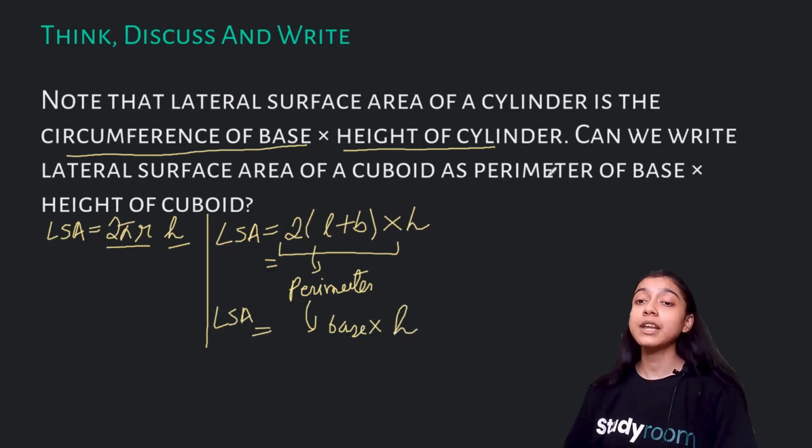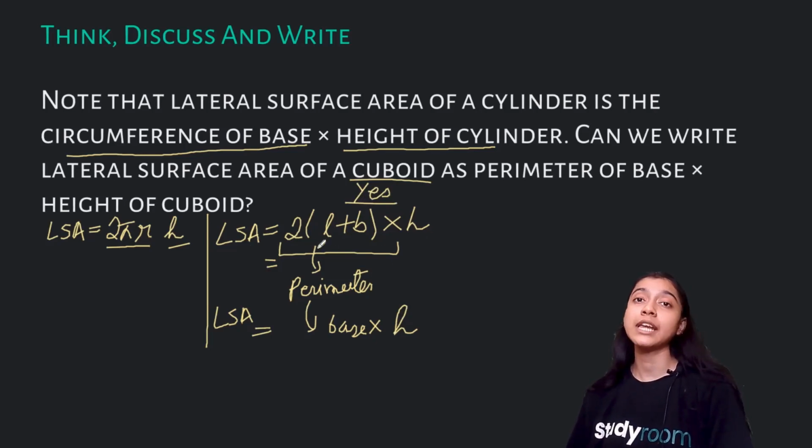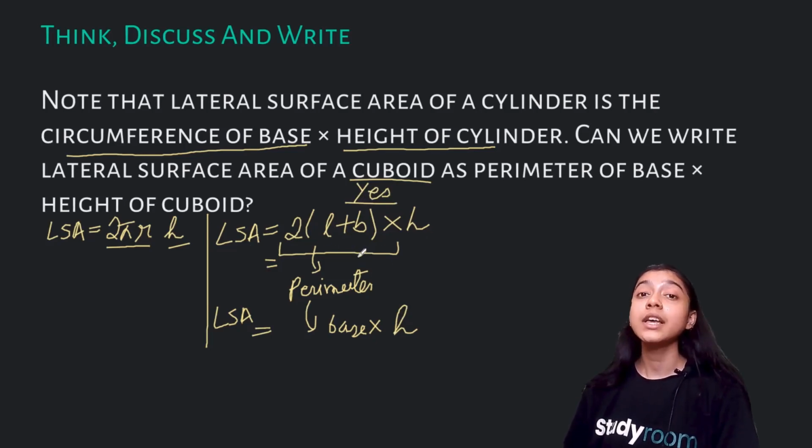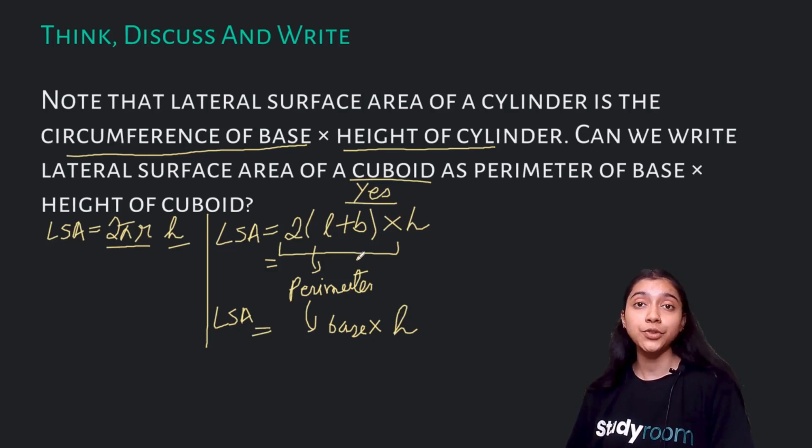So the question that has been asked is, can we write the lateral surface area of a cuboid as perimeter of a base multiplied by height? So the answer will be yes, because 2 times (length plus breadth) is the perimeter of the base, because in a cuboid the base is a rectangle and the perimeter of a rectangle is 2 times (length plus breadth).